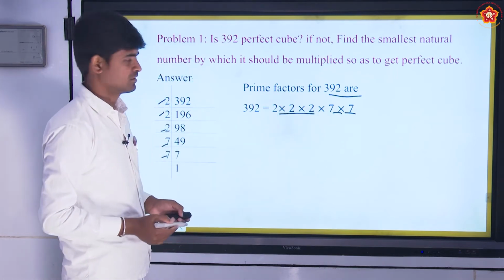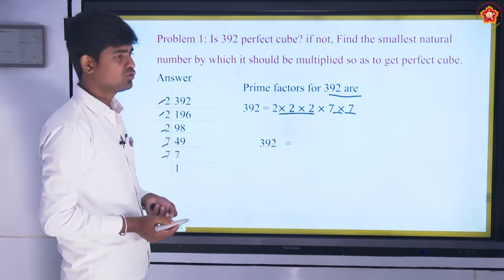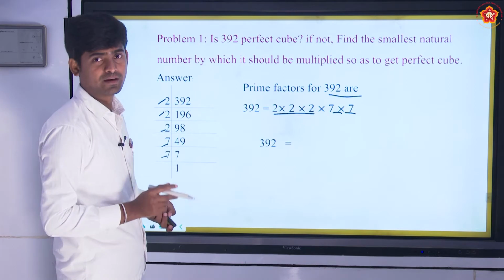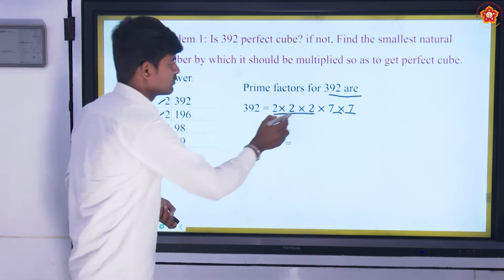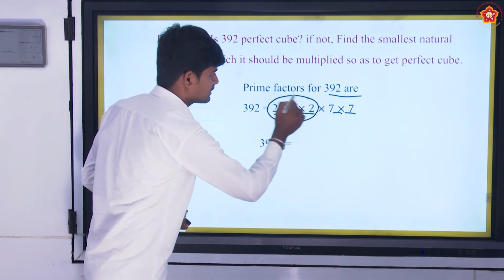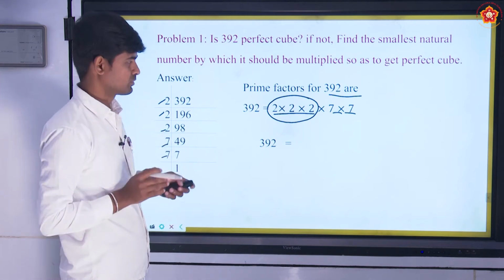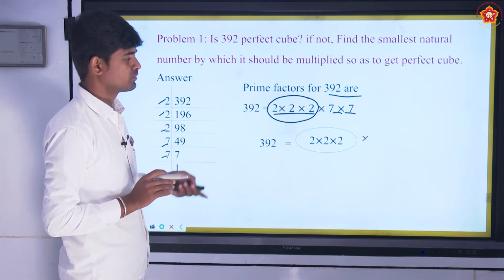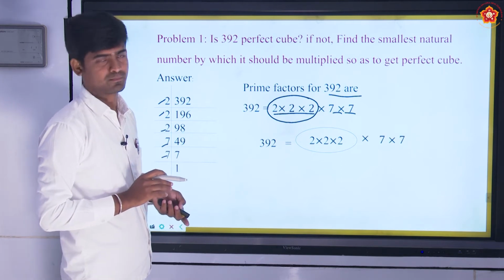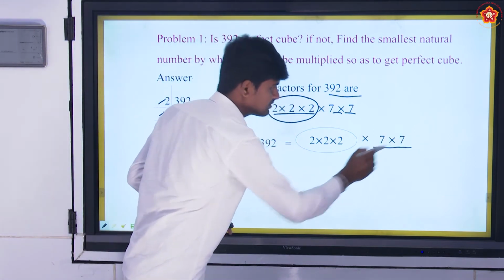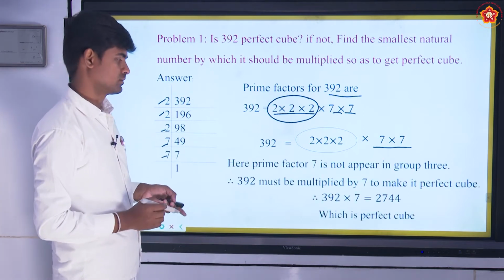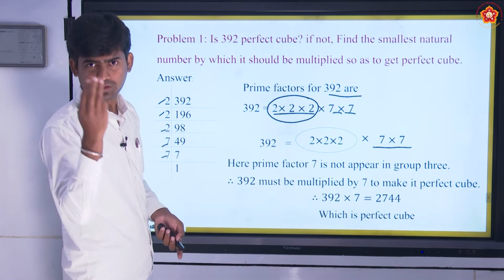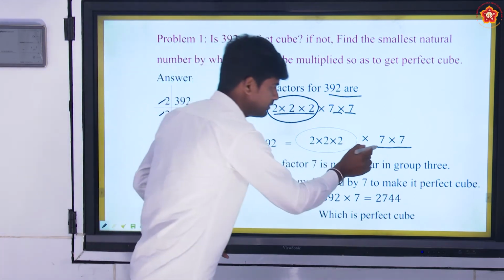See, 392 is equal to these numbers. To check for a cube, we group the same numbers into groups of 3: 2 into 2 into 2, and 7 into 7, but it has no third 7. Here the prime factor 7 does not appear in a group of 3; it has only 2.